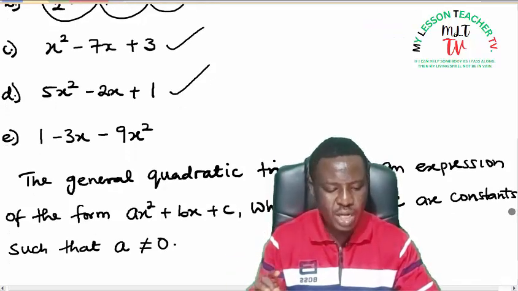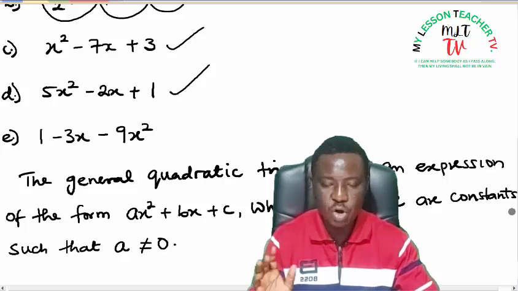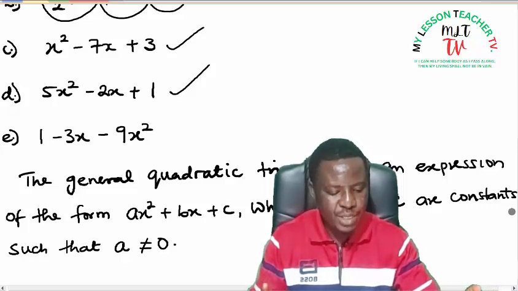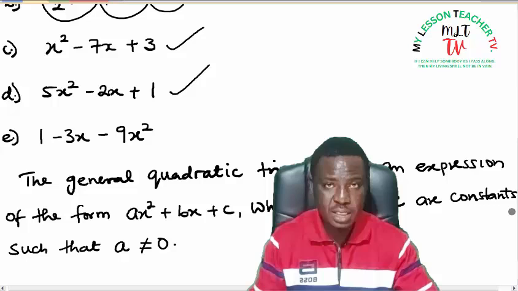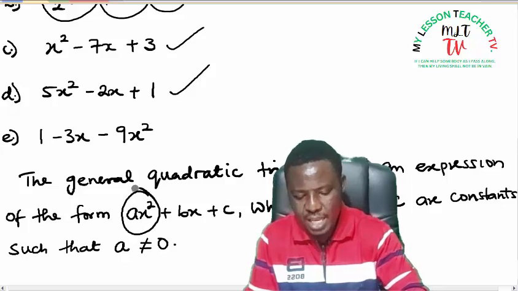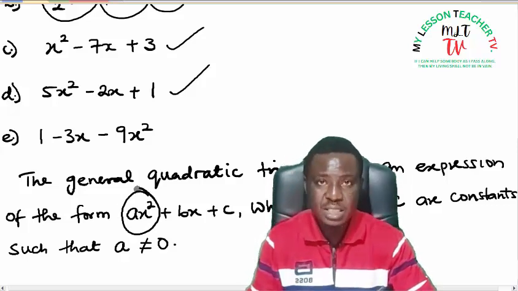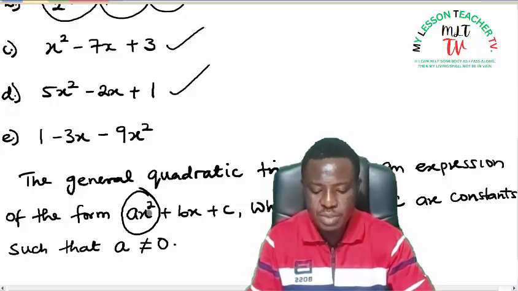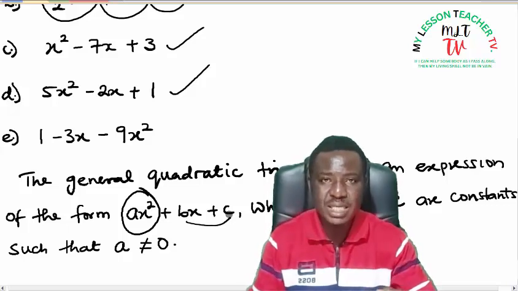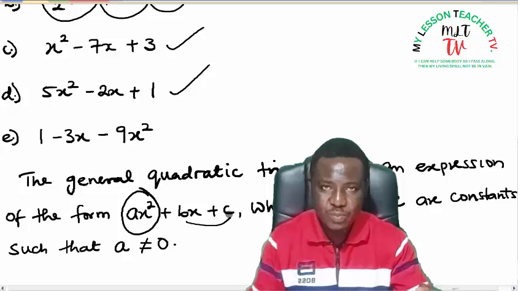Now, the general quadratic trinomial is an expression of the form ax squared plus bx plus c, where a, b, and c are constants, such that a is not equal to 0. We said a cannot be equal to 0 because if a is equal to 0, then 0 times x squared becomes 0, leaving us with bx plus c, which makes it a linear expression.